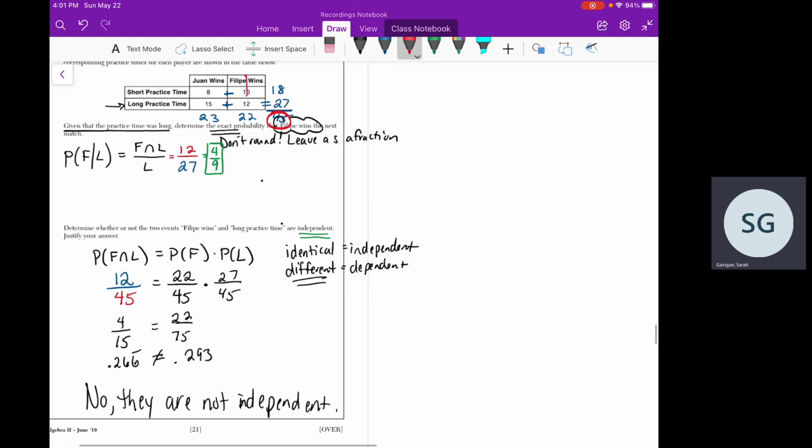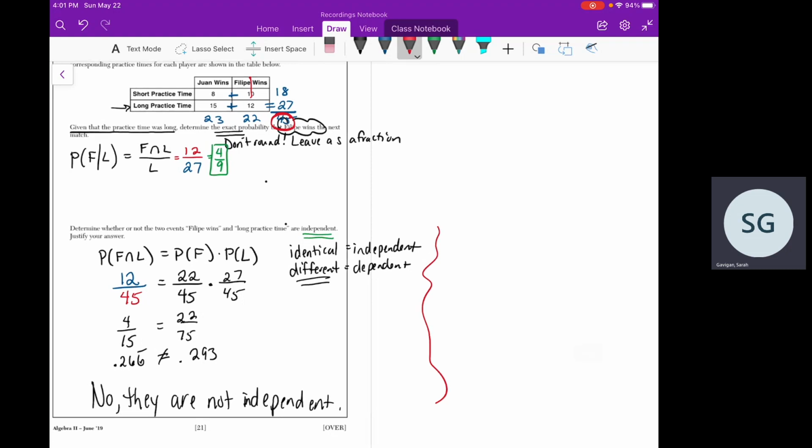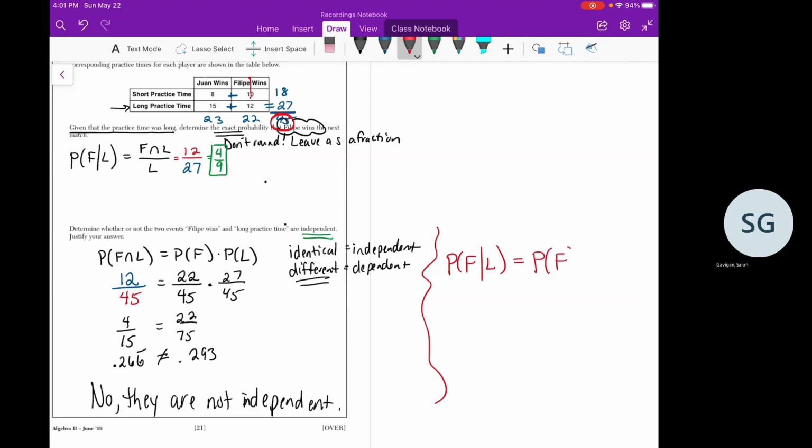I'll come over off to the side. That's a test for dependence that most of you will use. The other test for dependence is, does that equal the probability of Felipe winning? Which would mean that L doesn't matter. So if that's true, we already know that probability of Felipe given long practice is 4 over 9.